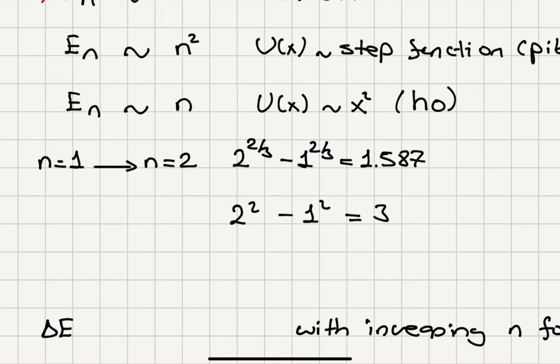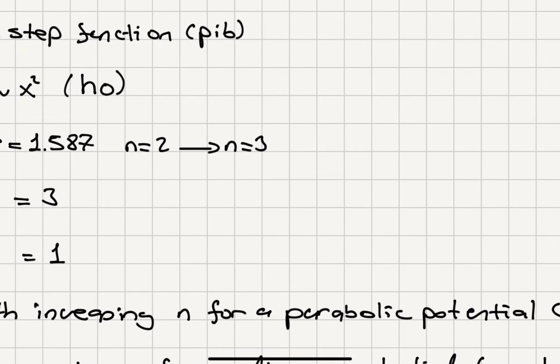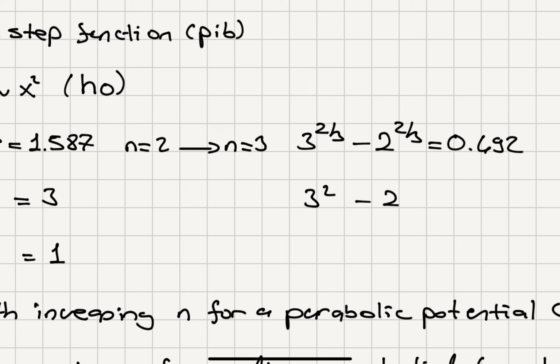In the third case, it will be 2 minus 1, which is 1. If I try n equals 2 to n equals 3 transition, for example, this is 3 to the power 2/3 minus 2 to the power 2/3, 0.492. 3 to the power 2 minus 2 to the power 2, which is 5. 3 minus 2, which is 1.